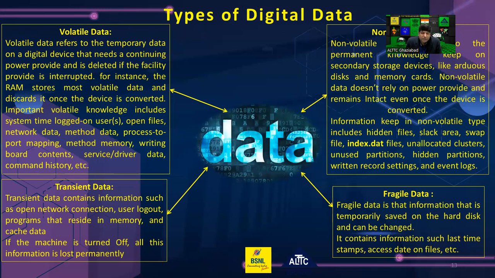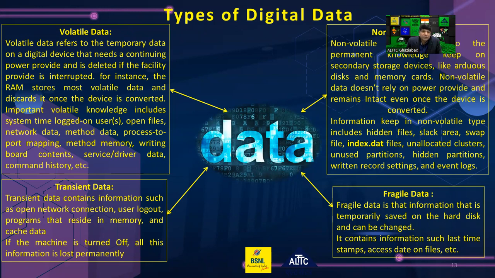Volatile data. What is the meaning of volatile data? This is a common word in our IT sector, computer sector. Volatile data refers to temporary data on a digital device that needs continuous power, and it is deleted if the power supply is interrupted.